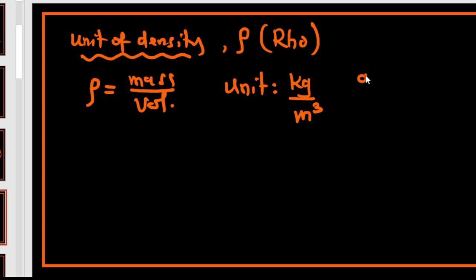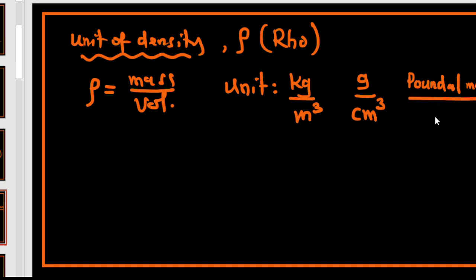If mass is in grams and volume is in cm cube, we have gram per cm cube. So we can have several forms in which mass can be given. If mass is in pound, let's say pound mass, I don't want to say just pound because pound should be the unit for weight and not mass. But if we want pound to stand for mass, we need to use the word pound mass.